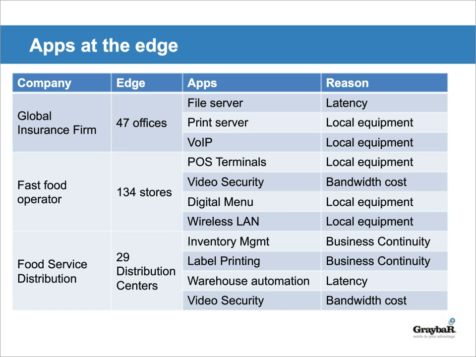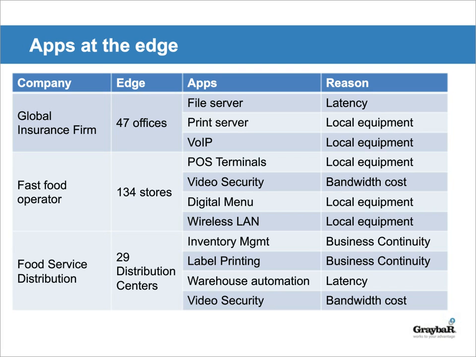There are other apps such as security systems that could potentially be migrated to a data center. But if you do that, you're going to be transmitting all those video feeds over the network, and you're going to spend a fortune on your network connection for that location, right? So people prefer to run that application locally at the edge.